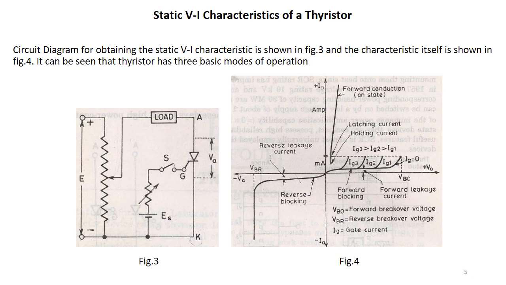In the reverse blocking mode, the cathode is actually positive with respect to the anode, and this happens when we apply a reverse voltage across the thyristor. Now in this situation, out of the three junctions, junctions J1 and J3 get reverse biased.